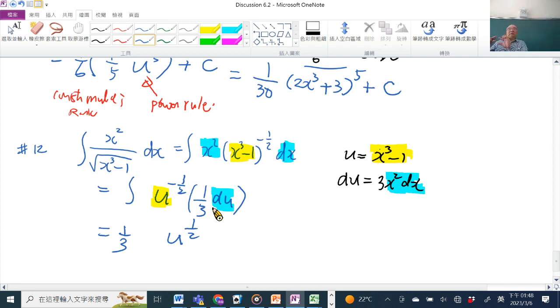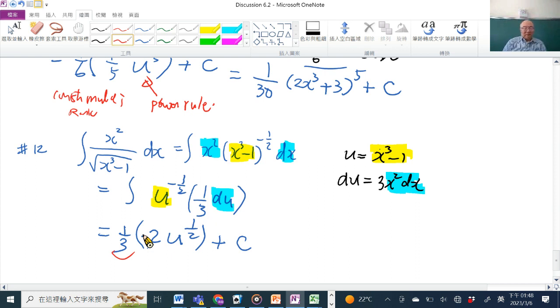And this power should be flipped upside down, so it becomes 2 in front. That's the power rule, right? Plus a constant c. So this is the power rule, and this is the constant multiplication rule.